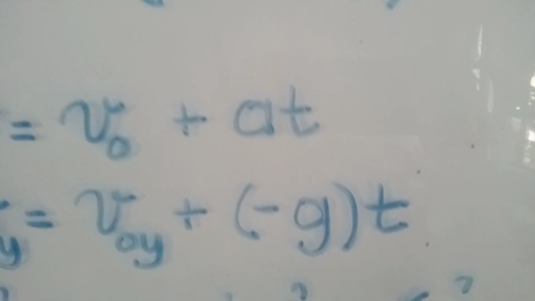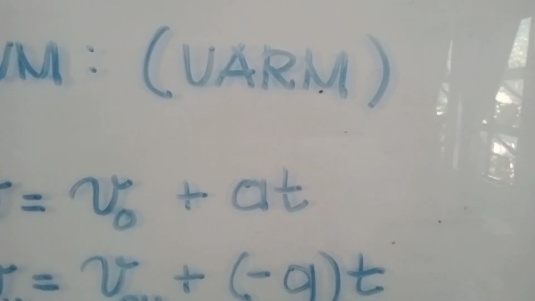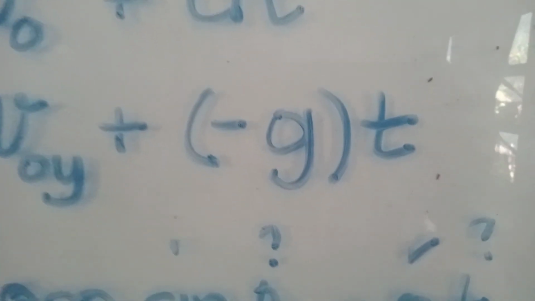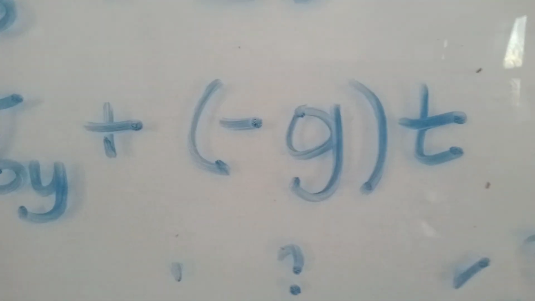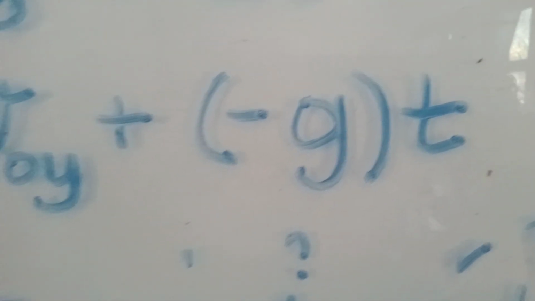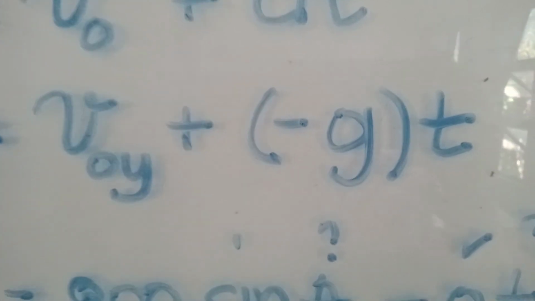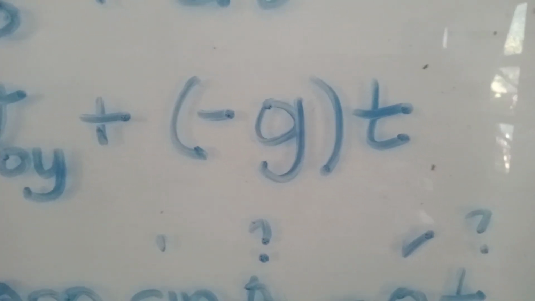While our acceleration, since this is a UARM, is actually negative g, wherein, for the English system, this is 32.2 feet per square second.